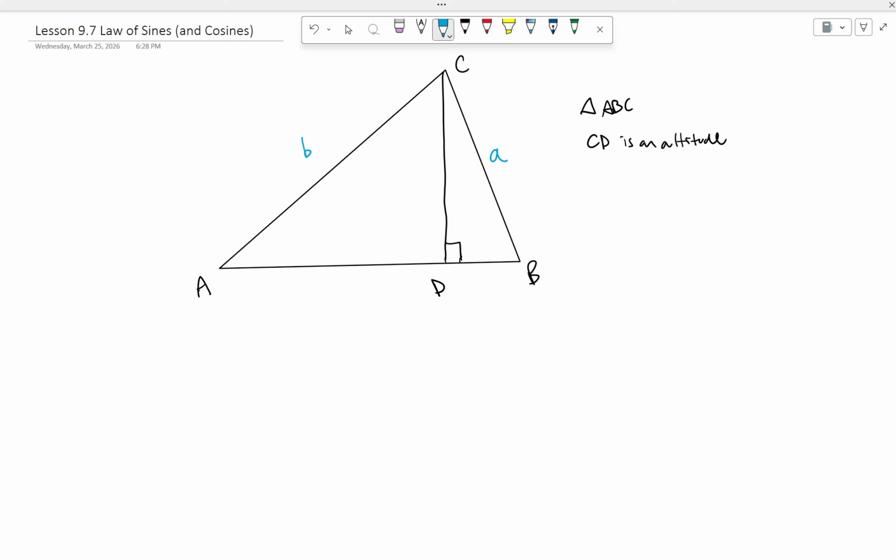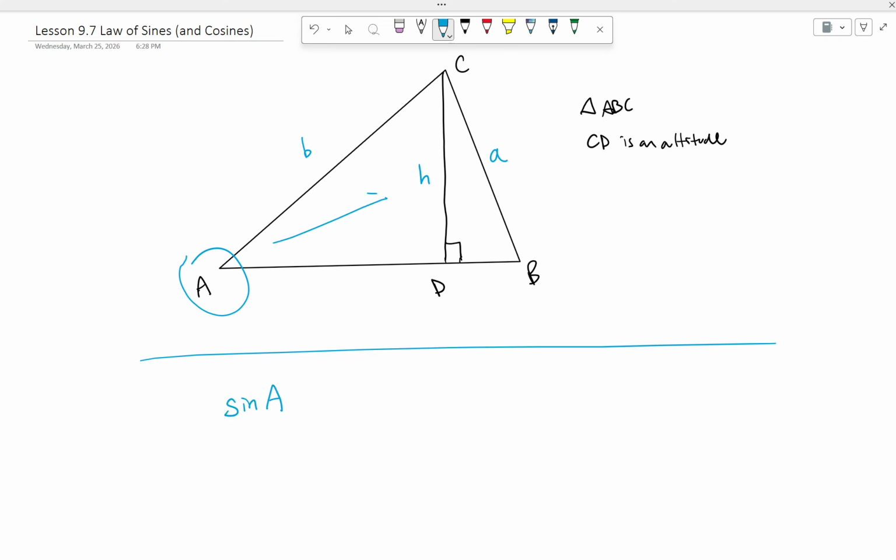What we have here is this height h, and I have 2 different right triangles I'm now considering, so I can use some trig: triangle CBD and triangle ADC. From angle A, the sine of A is the opposite side h over the hypotenuse, which is side b. So this is equal to h over b.